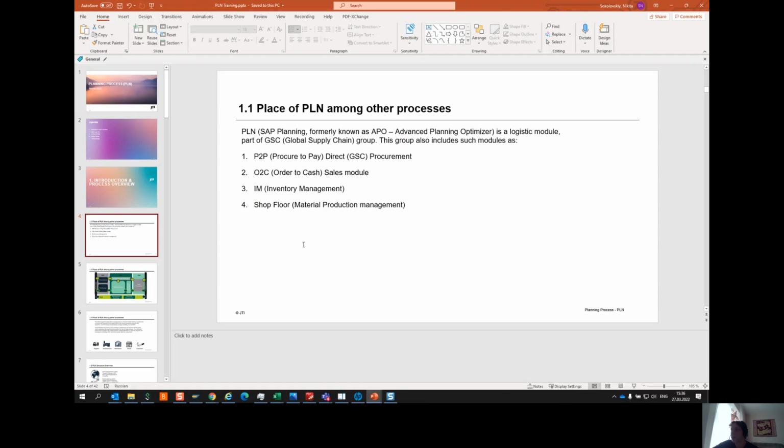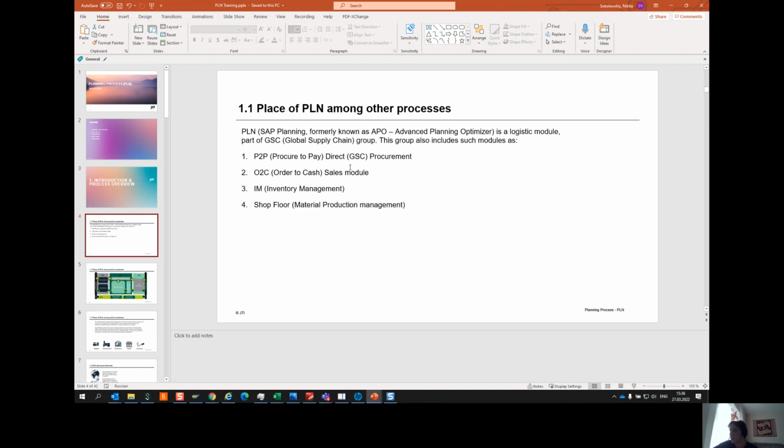So what is actually PLN and where is its place among other processes which we have in JTI? PLN was previously known as APO, which stands for Advanced Planning Optimizer. It is a logistic module and part of the global supply chain, or big GSC group. As you can see, this group also includes such modules as procure to pay, direct procurement.